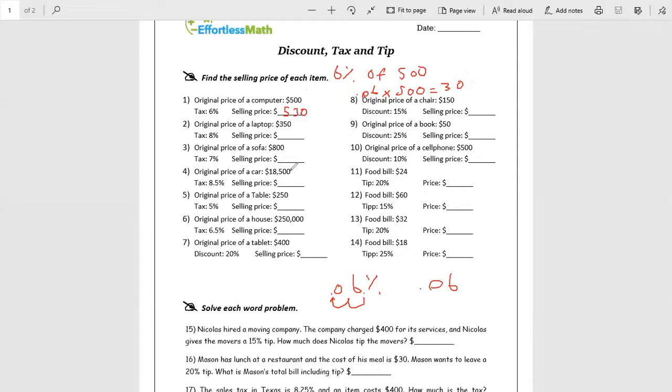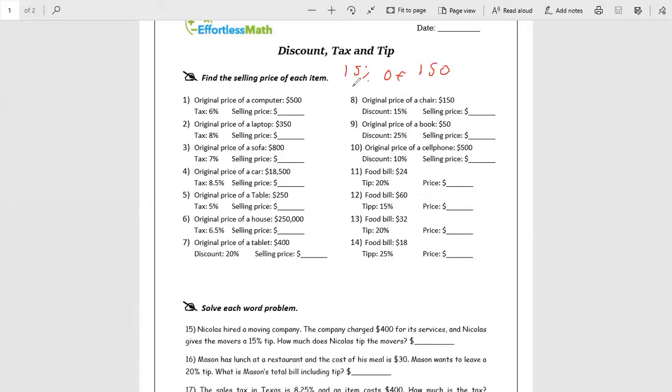Let's look at another example, like number 8. So here we have a discount this time. So this time we are subtracting the discount from the original price. We still have to find 15% of $150.